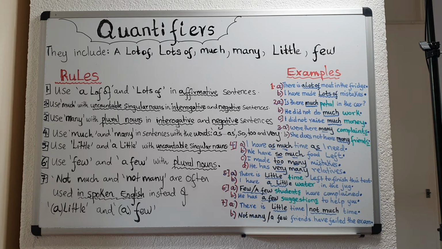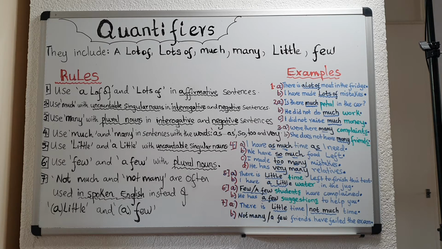Okay? Now, let's see some examples of how to apply rule number 2. Let us look at examples 2. 2a. Is there much petrol in the car? Now, that sentence is a question. So it is an interrogative sentence because it is a question.